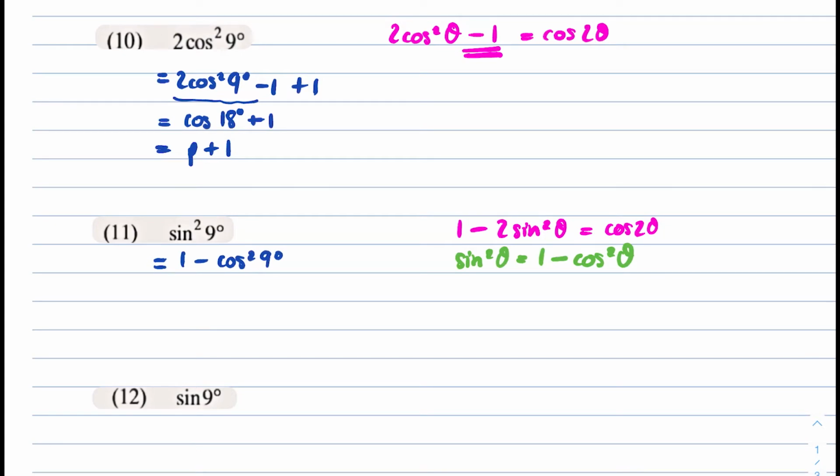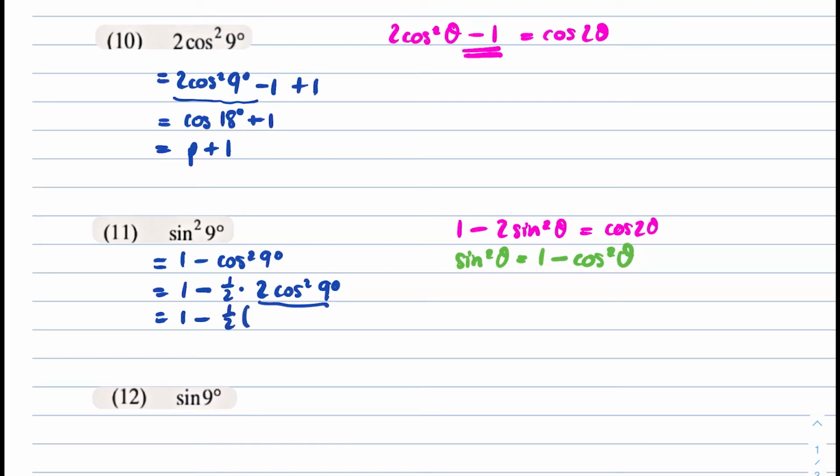Now, we don't know what cos squared of 9 degrees is, but we do know what 2 cos squared 9 degrees is. So we can bring that in to say this is 1 minus a half of 2 cos squared 9 degrees, and then this part is p plus 1.